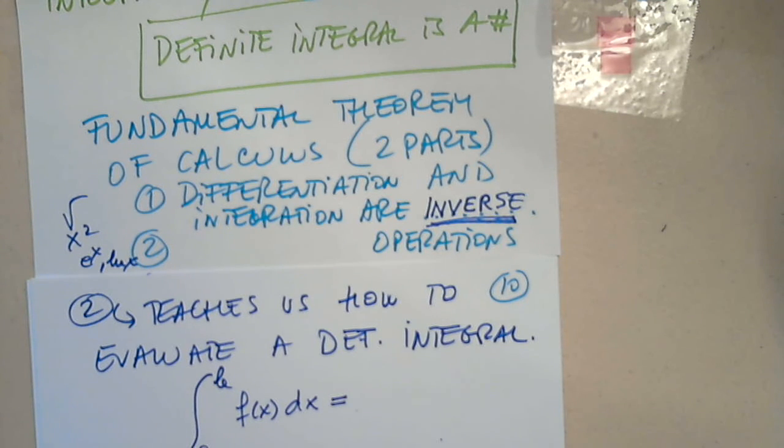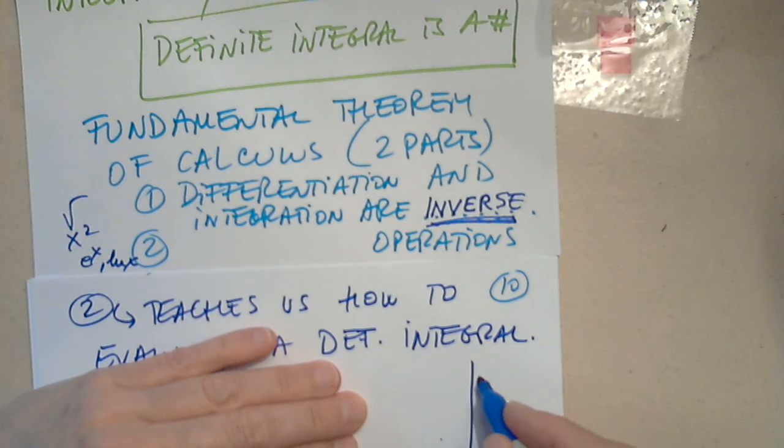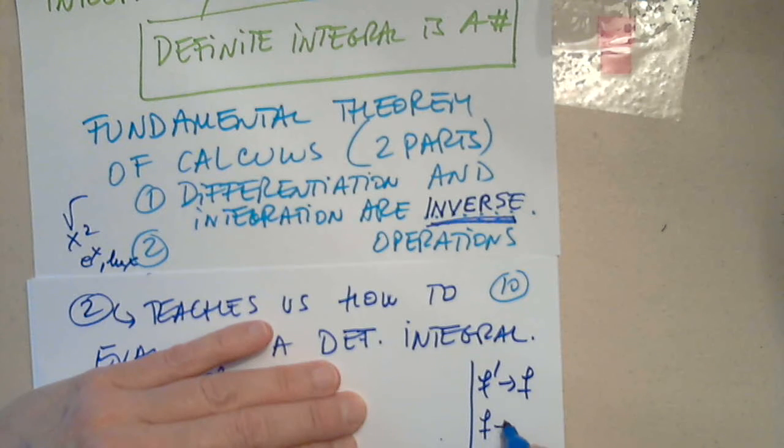what did we say the antiderivative is, if I'm given function f of x? What is the notation for the antiderivative? So if I'm given f prime, I find f, right? But if I'm given f, what will be the notation for the antiderivative? Capital F of x.